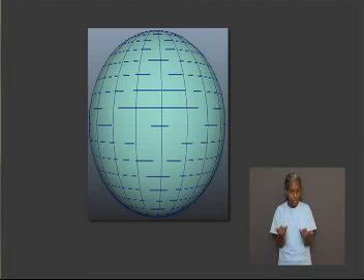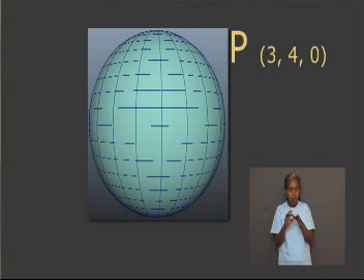Now, let us suppose that we do not know the radius of the sphere. We only know that its origin is the center and that a point on the sphere's surface is located at the coordinates 3, 4, and 0.